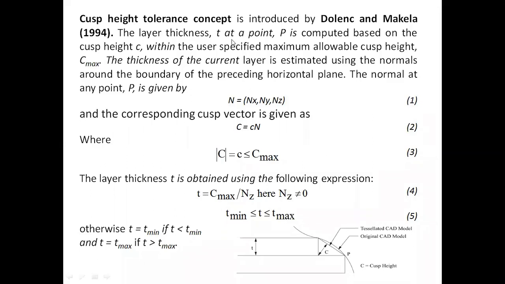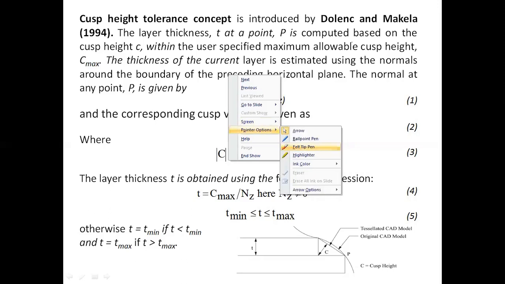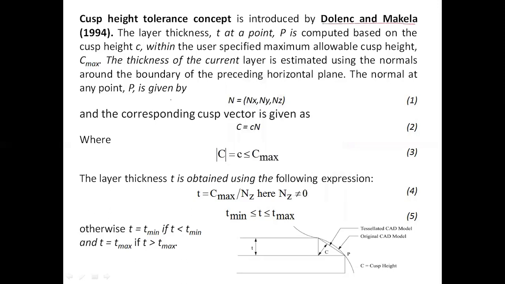The first concept that was presented ever was given by Dolinek and Makla in 1994, and it was called the cusp height tolerance concept. I hope you remember what a cusp height is, because that concept is going to be utilized in subsequent algorithms also.